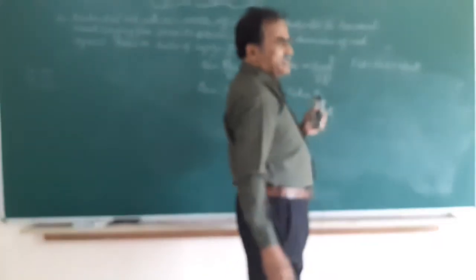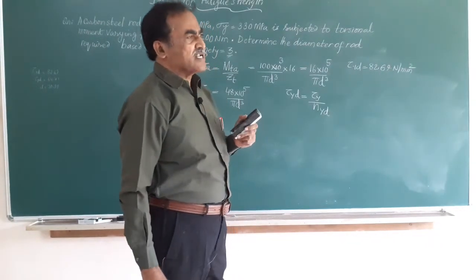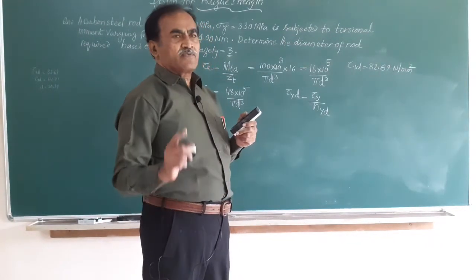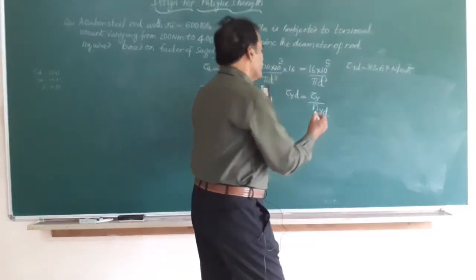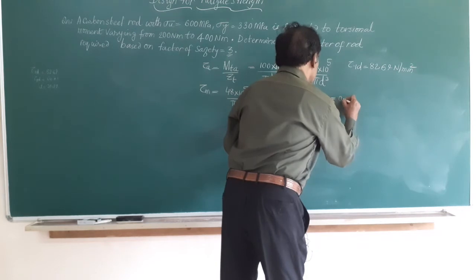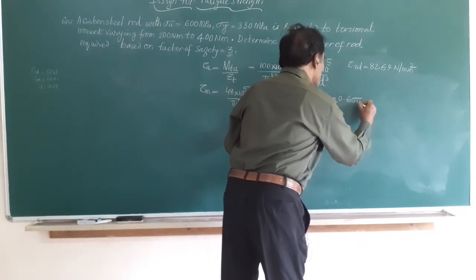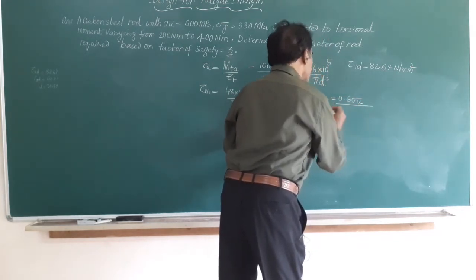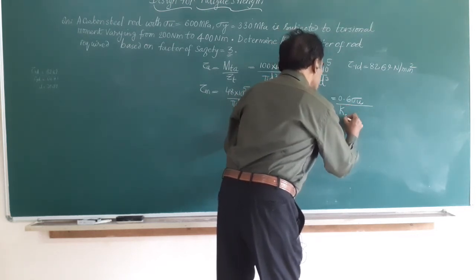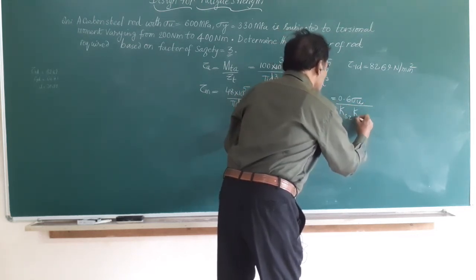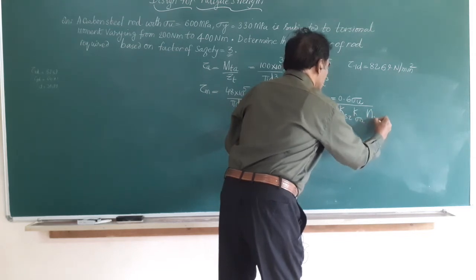Friends, tau y, the yield shear stress, is generally taken equal to 0.5 to 0.6 or 50 to 60% of sigma u. Say I will take it as 0.6 times sigma u. Sigma u is the ultimate strength of the material. N is d is KSZ, K sigma A, NYA is the formula.